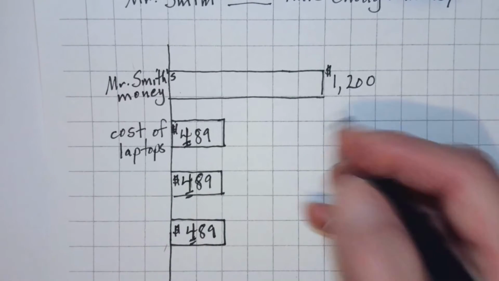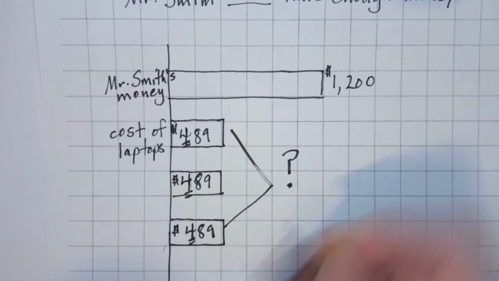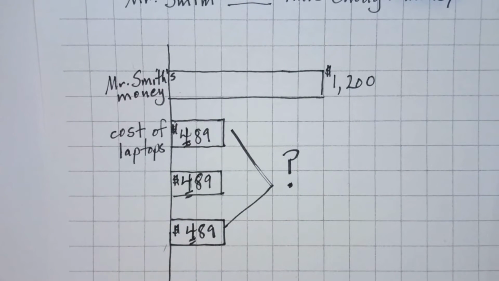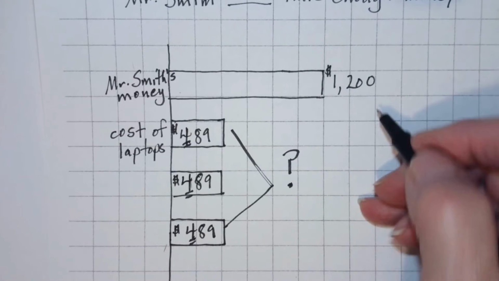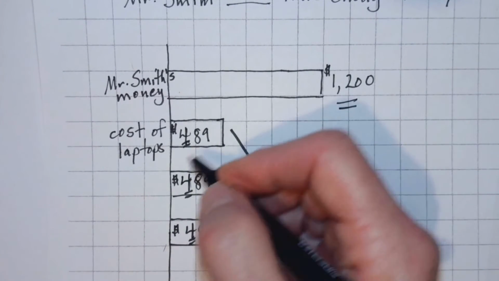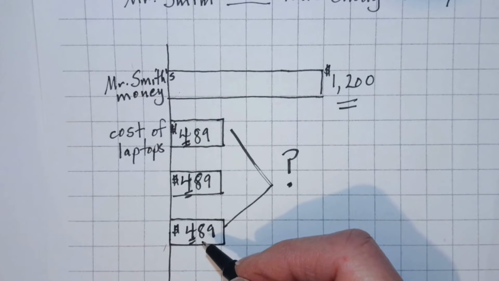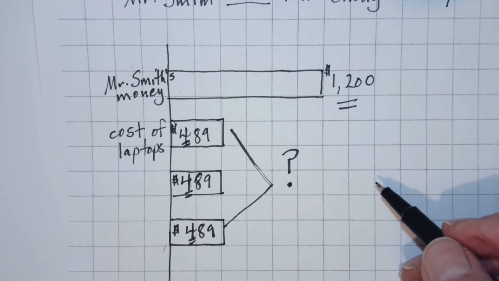So I need to find the cost of those laptops and to figure out the difference between what he has and what he needs. So we could use a couple strategies, but I know you guys have already learned how to multiply 3-digit by 1-digit numbers.